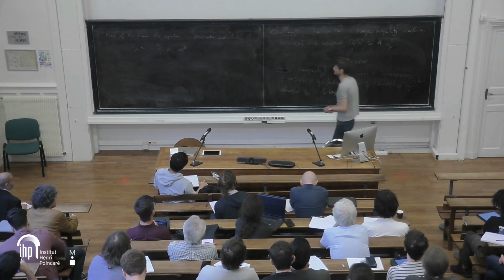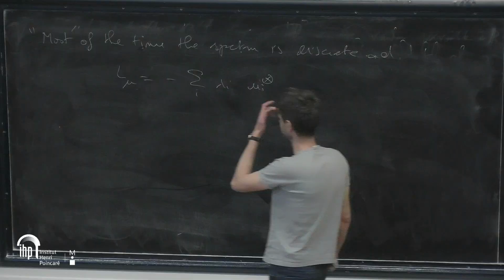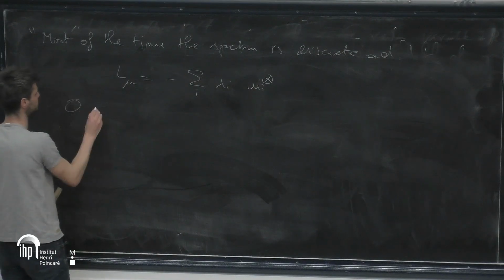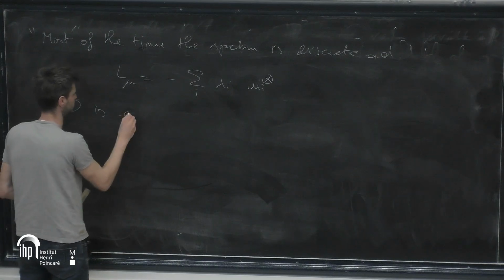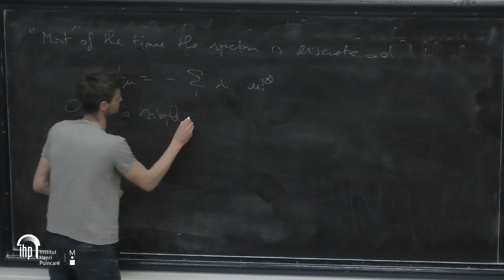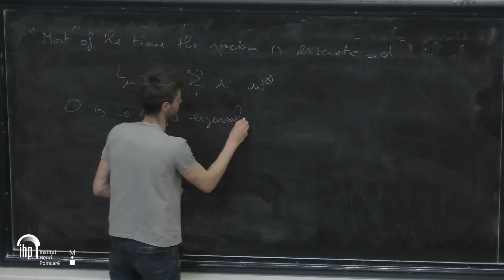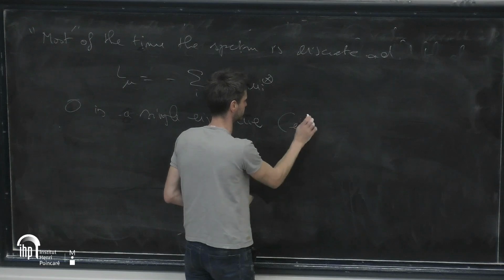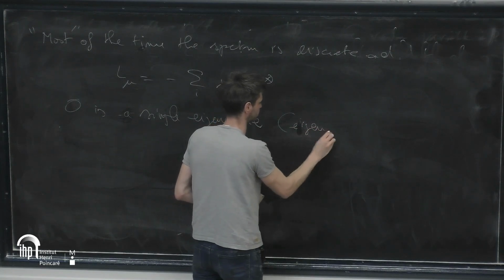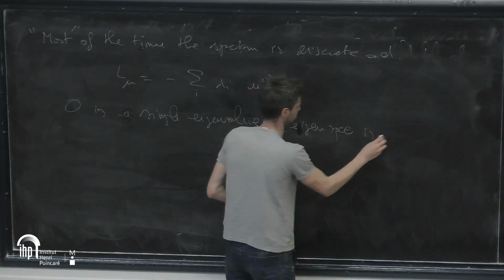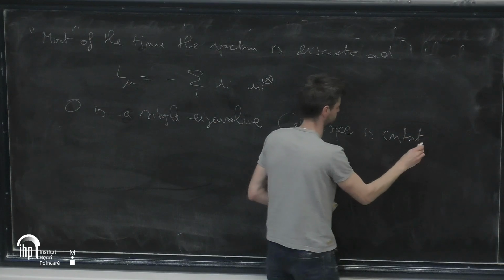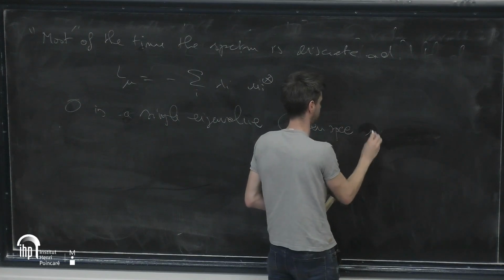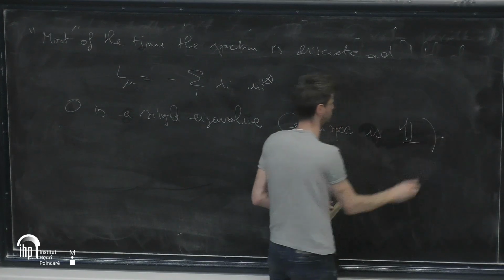But from this formula here, 0 is an eigenvalue. It's a simple eigenvalue, and the eigenspace is the constant functions.